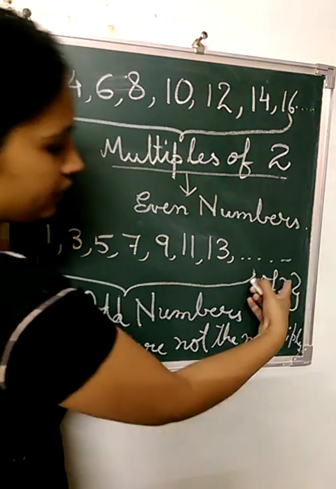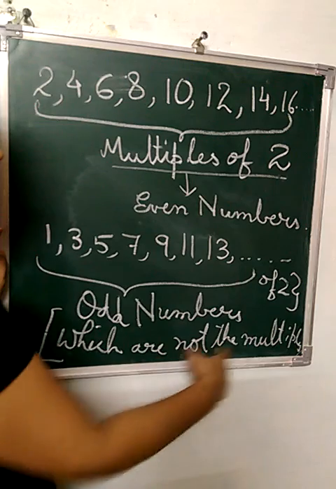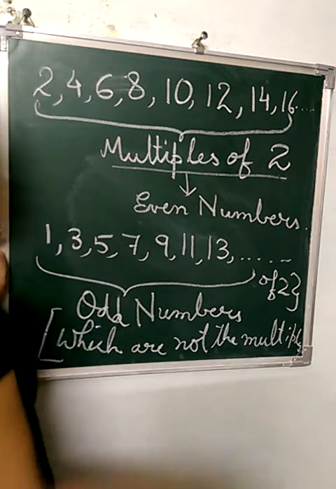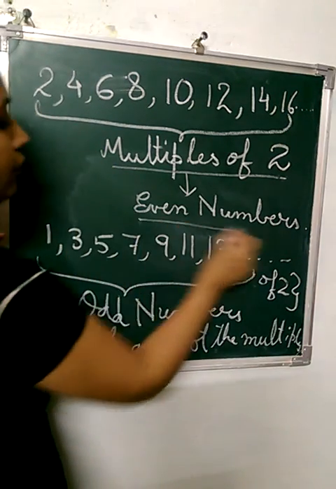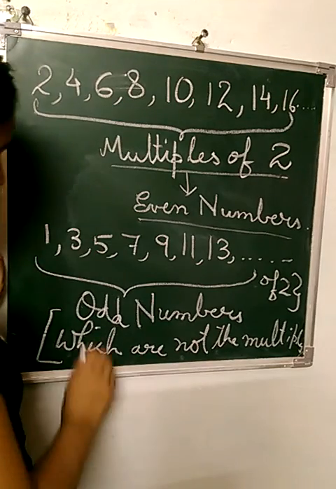This is the definition of even numbers and this is the definition of odd numbers.